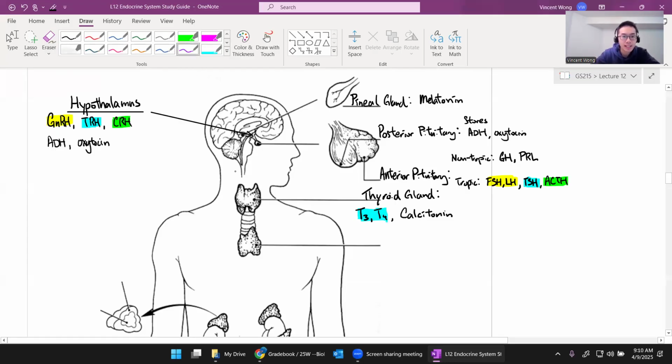Now you cannot see this next one, so I'm gonna cheat a little bit. I'm gonna pretend like we're peeking at the guy from the side, and you're gonna see maybe a little bit of the gland that's behind it, okay? But really, it's actually posterior, behind the thyroid gland, and these are the parathyroid glands.